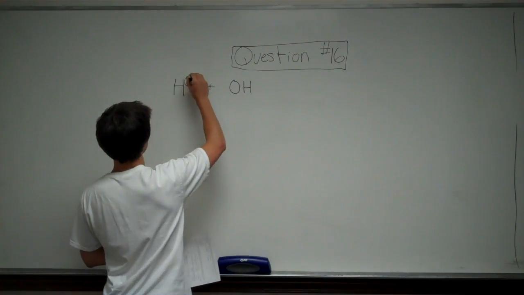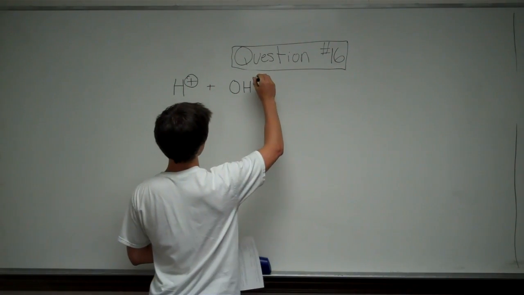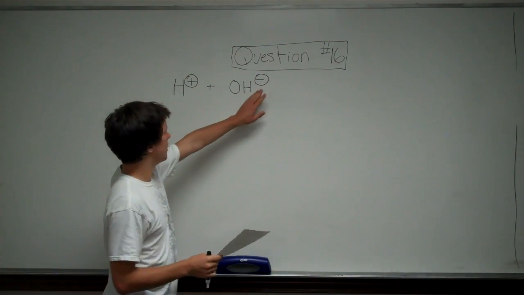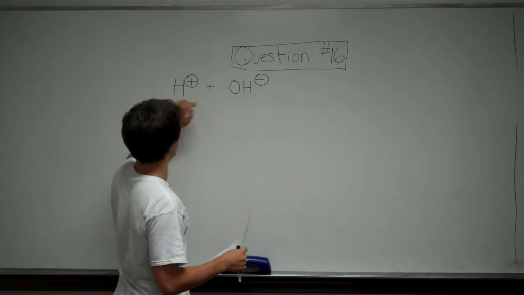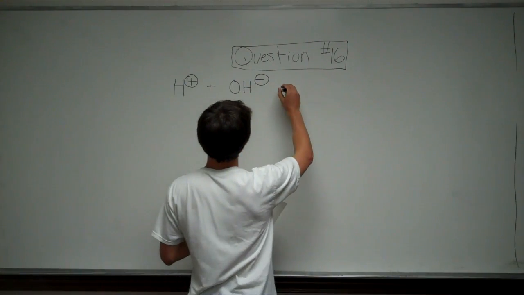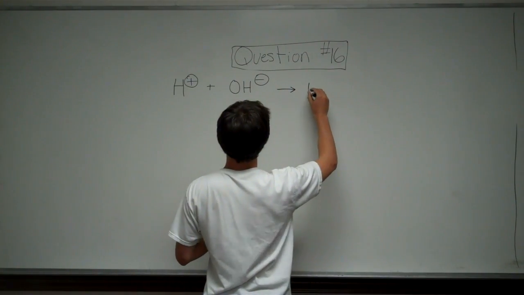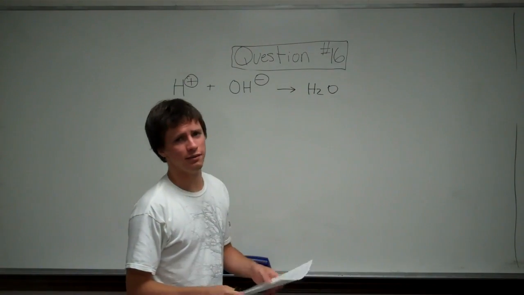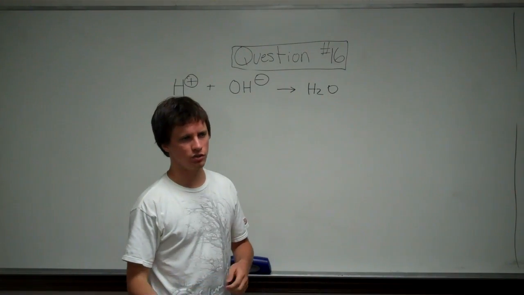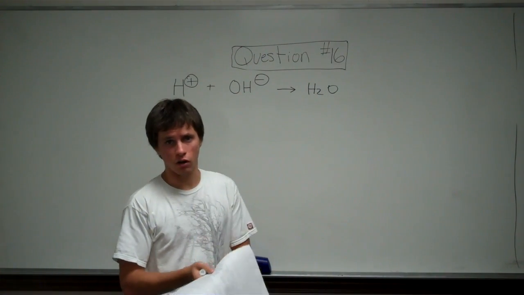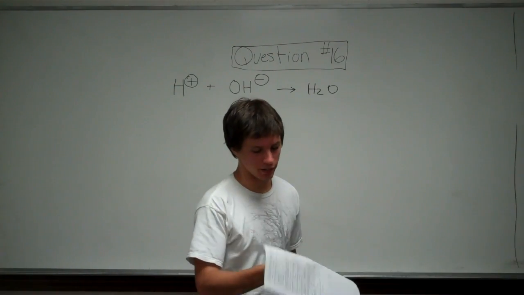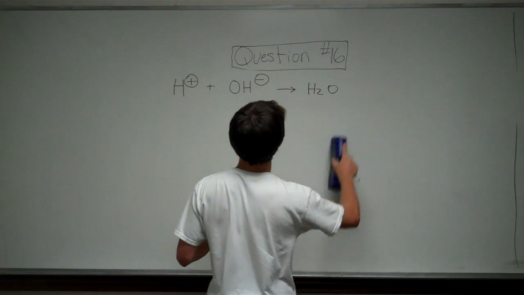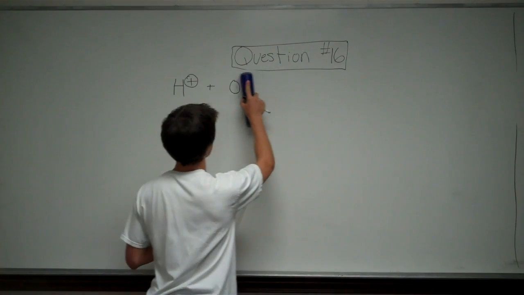So the hydrogens have a charge of 1 plus, and the hydroxides have a charge of 1 negative. And when these things react together, they just form water. So they neutralize each other. And when you have a titration, the goal is to neutralize all of the acid and all of the base. Okay? So just keep that in mind as we do this problem.